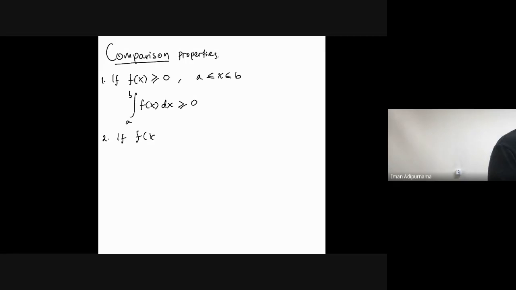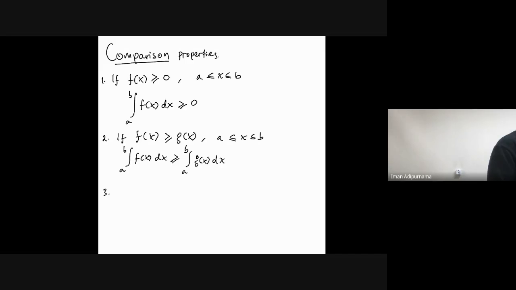And if you have a function greater than another function on the same interval, you have this conclusion.